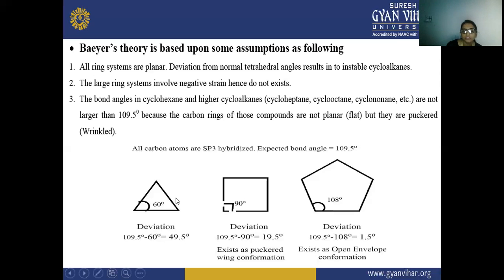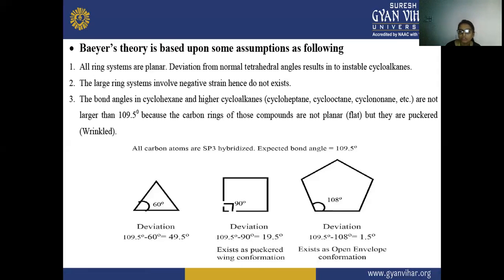As you can see, cyclopropane is a smaller ring, so it has a much larger deviation. In case of cyclobutane, the deviation is 19.5, so from this to this there is a smaller deviation. This cyclobutane exists in a puckered or wing conformation.